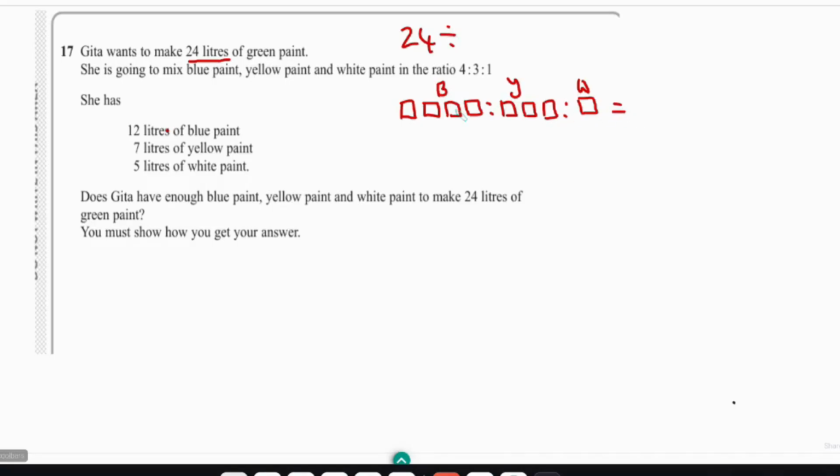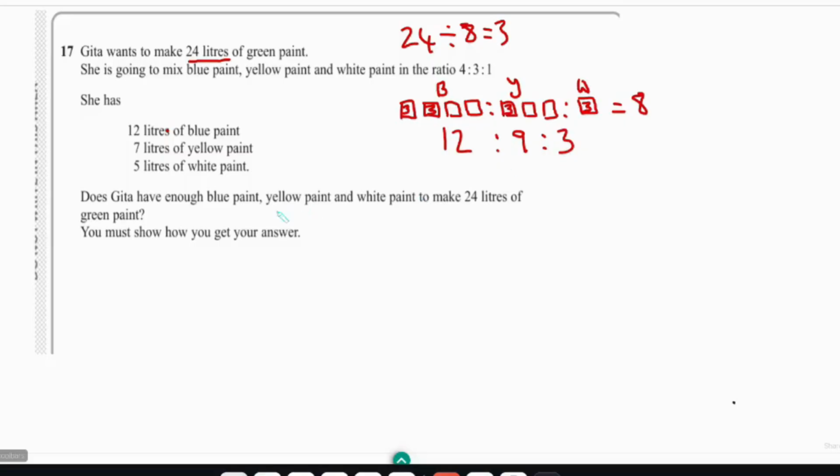How many boxes do I have? 4 add 3 add 1, 8. 24 divided by 8 is 3. So each box represents 3. I'm going to put it in all of them, but you get the idea. There's 3 in each box. So 3, 6, 9, 12. 12 of blue. 3, 6, 9.